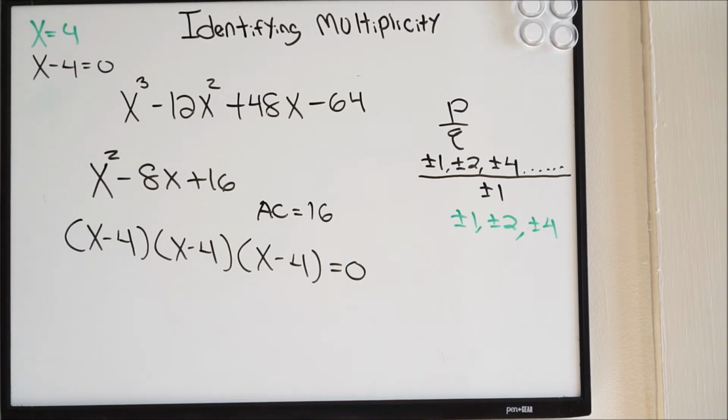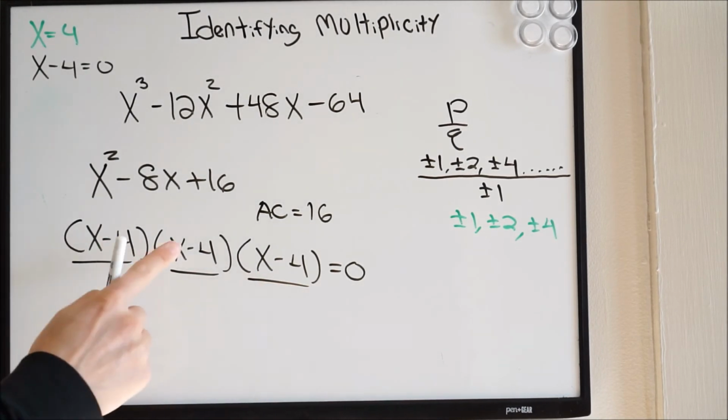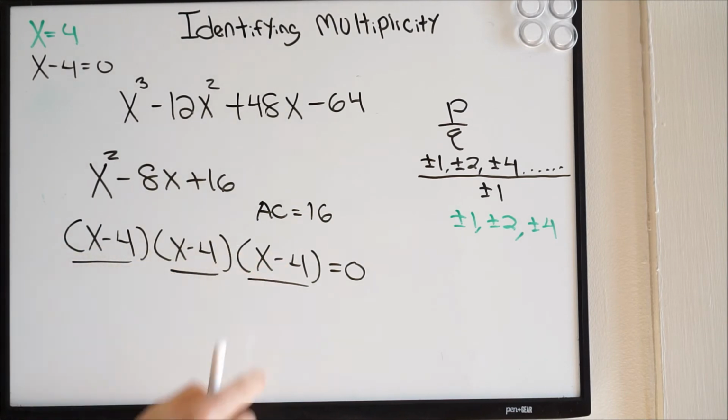So what we need to do now is determine the multiplicity of each root. Well, we can see here when we take each one of these factors and we set it equal to 0, we'll get x equals 4, x equals 4, and x equals 4.